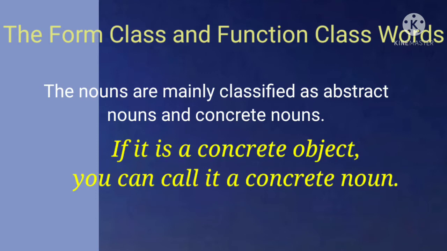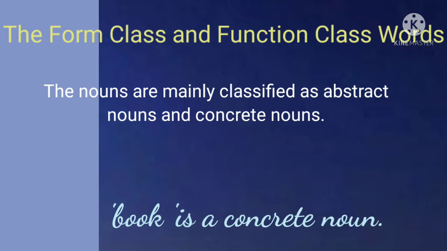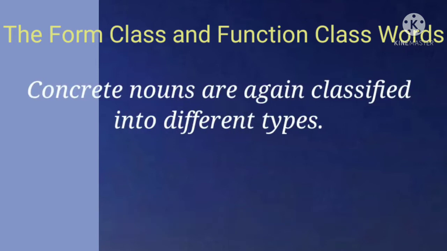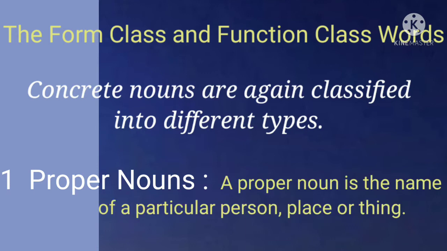If it is a concrete object, you can call it a concrete noun. Book is a concrete noun, something that we can see and touch. And these concrete nouns are again classified into different types. One is called proper nouns. A proper noun is the name of a particular person, place, or thing. For example, Johnson is a good doctor.